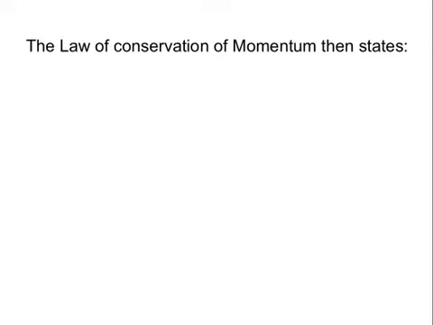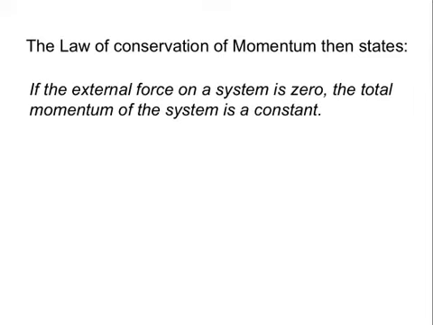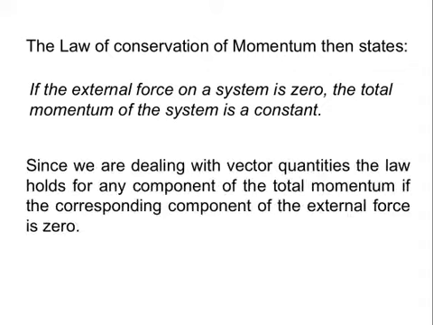The law of conservation of momentum then states, if the external force on a system is zero, the total momentum of the system is a constant. Since we are dealing with vector quantities, the law holds for any component of the total momentum if the corresponding component of the external force is zero.